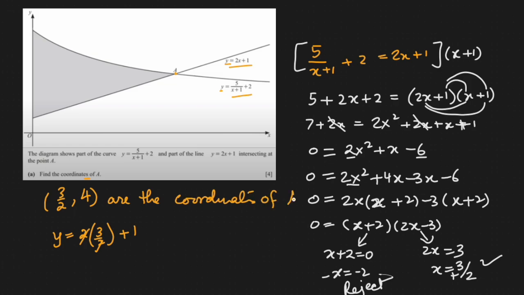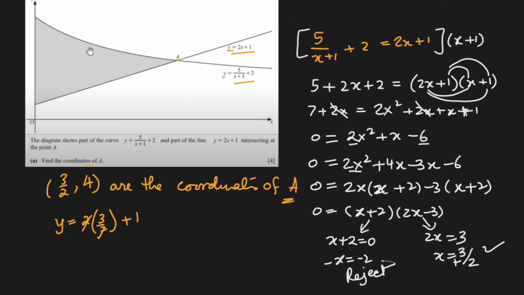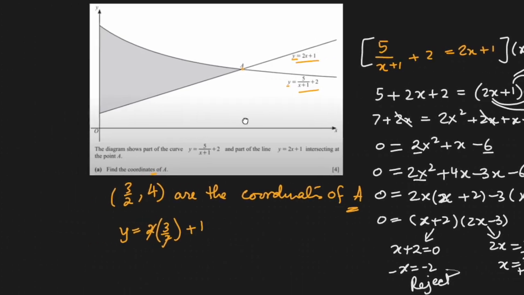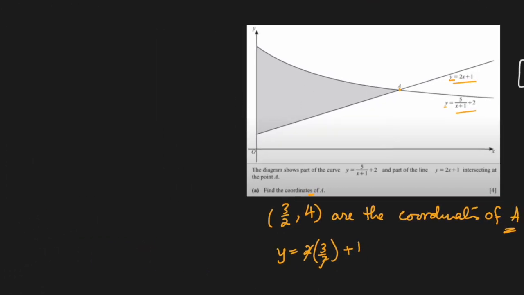So 3 over 2 and 4 are the coordinates of point A. Okay. There should be a B part also, which definitely asks us the area of the shaded part. Okay. So what will I do? Let's use this part to find the area of the shaded part. This is the B part.